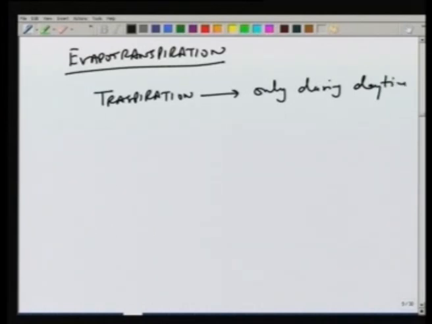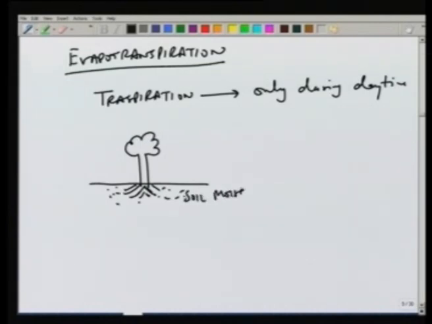So, if we look at some vegetation, roots extending into the ground, during its growth it will require water, which is generally taken from the soil moisture. So, there is some moisture present in the soil, the root zone, which can be taken up by the tree, and then it breathes out.